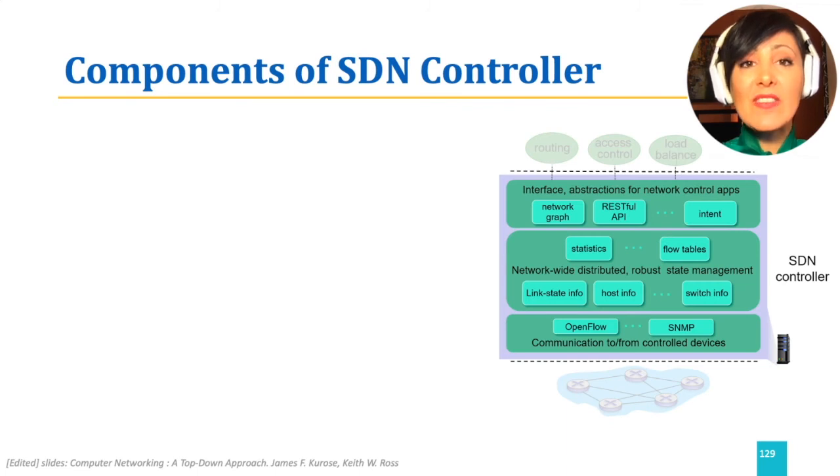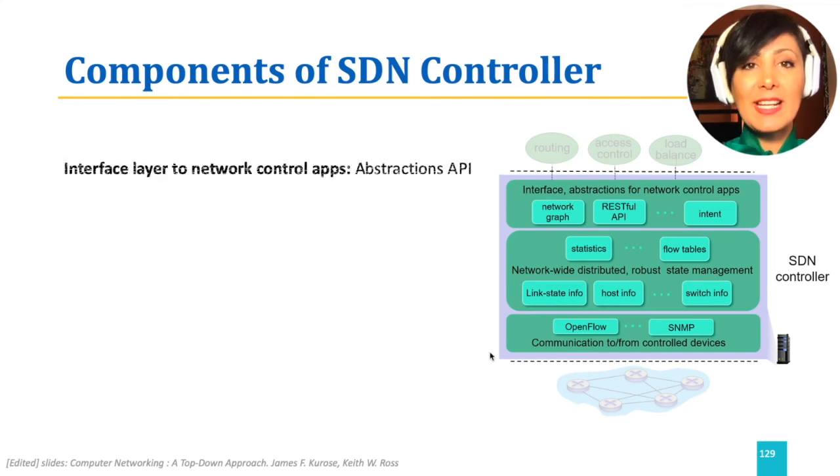Putting the components of the SDN controller together, we can summarize the three main roles for it. First, providing the northbound interface to network control applications. Applications can register to be notified when a state change happens so that they can respond to events. Different types of APIs can be used for the northbound interface.